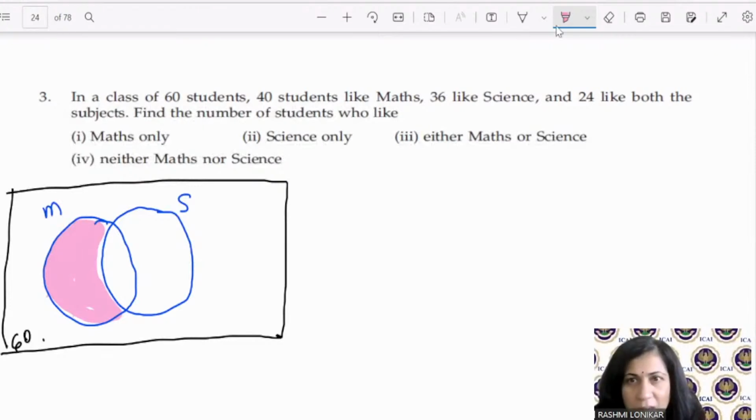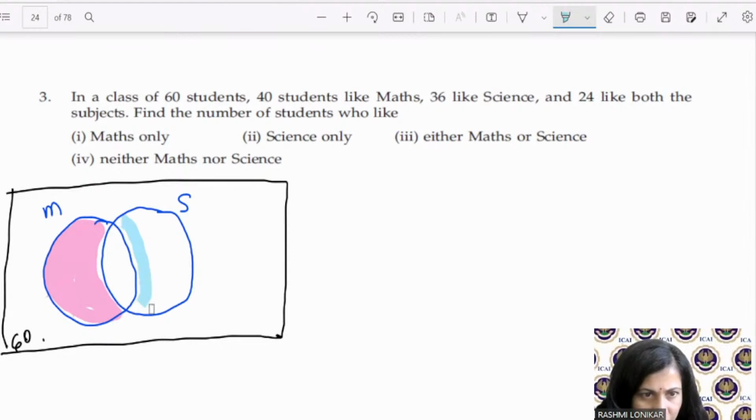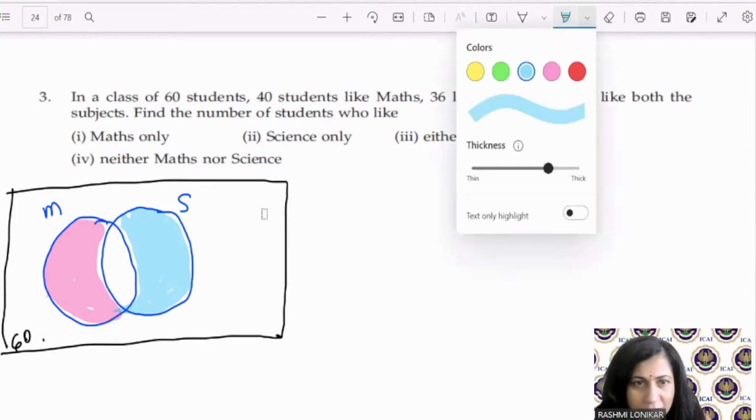Only maths. Then they're asking you to find out only science. And then third, either maths or science. Okay, so that is all these three: pink, white and blue. And neither maths nor science. Okay, this is the remaining portion here.